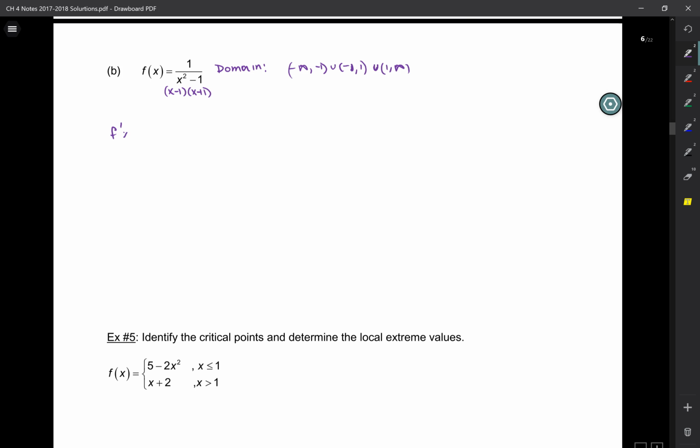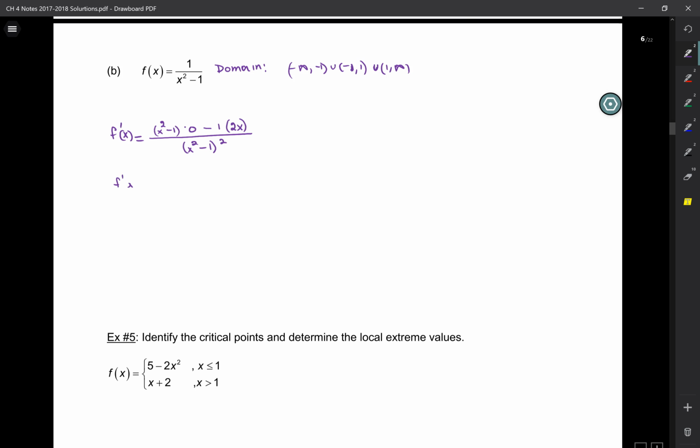And you know what? I'm going to do the quotient rule just because I miss it. Okay, let's do quotient rule. So low d high, take high d low, cross the line, and then we're going to square.